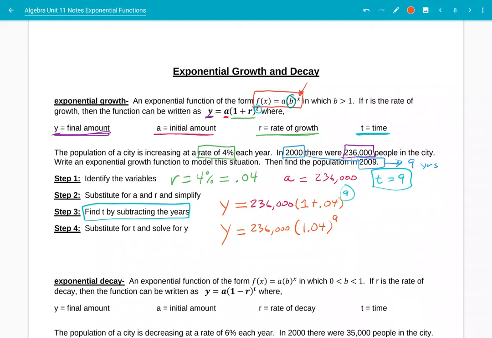So now we're going to solve for Y. And all we're going to do is plug that into our calculator. 236,000 times 1.04. Put that in parentheses. 1.04, close parentheses, and then raise it to the 9th power.